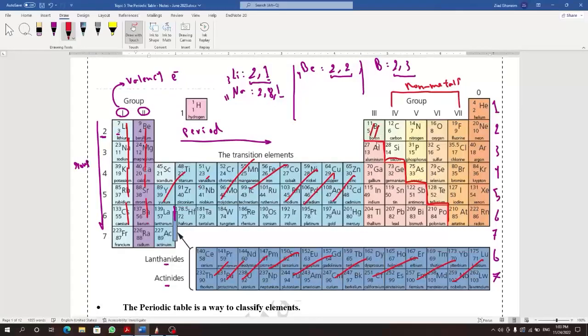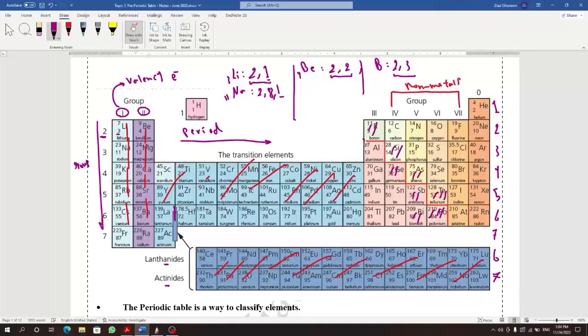Here we have boron, silicon and germanium, arsenic, antimony, and all of these elements are called the metalloids. All right, let me just identify them in another color. Here, boron, silicon and germanium, arsenic, antimony and bismuth, tellurium and polonium.